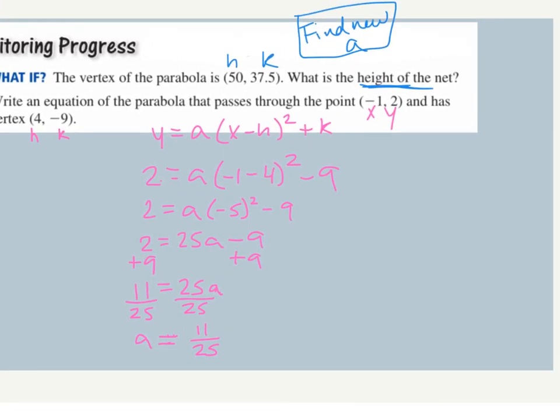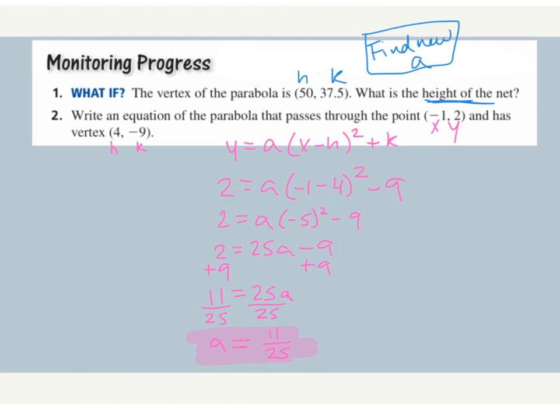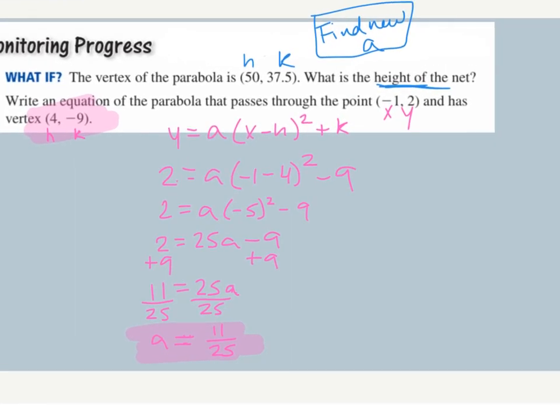What do we do once we find a? Plug it back into the original equation. What else do we need to plug in? So we're going to plug in a, and what else? H and k. So we leave x and y as x and y, and we just plug in our h, k, and a.